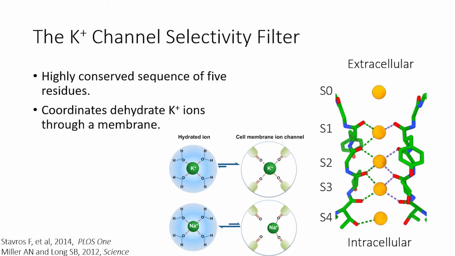And the thing that got me interested in potassium channels is that whenever you look at the vast majority of potassium channels that exist in nature, there tends to be a very common and very stereotyped structure. You have these 5 amino acids that have very little variance between different species that are able to coordinate these potassium ions that are shown in orange.